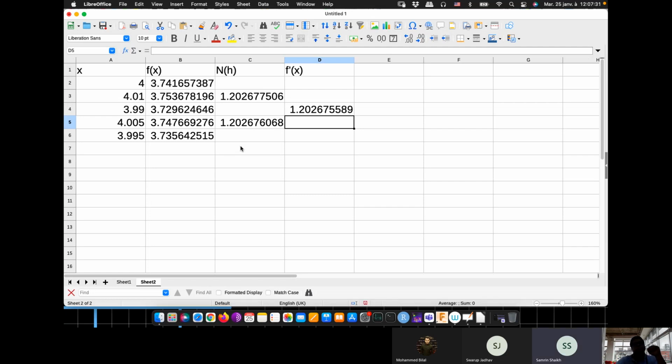Essentially, this method uses fewer computations. If you have more and more complicated functions, which you will have in finite element methods in the next semester, you will be able to easily compute the derivatives using this method, because it gives you a good estimate of the first derivative.